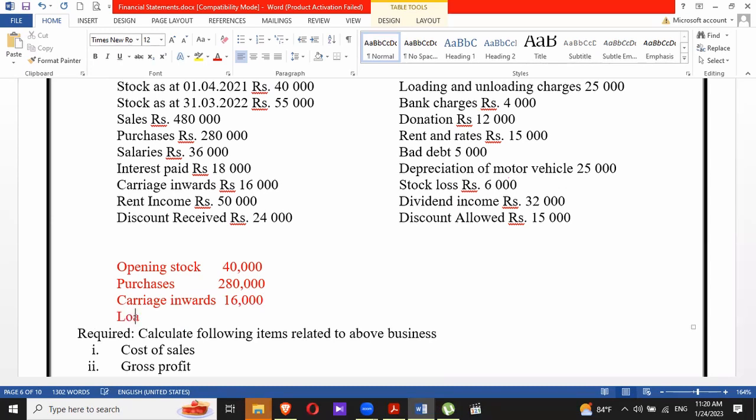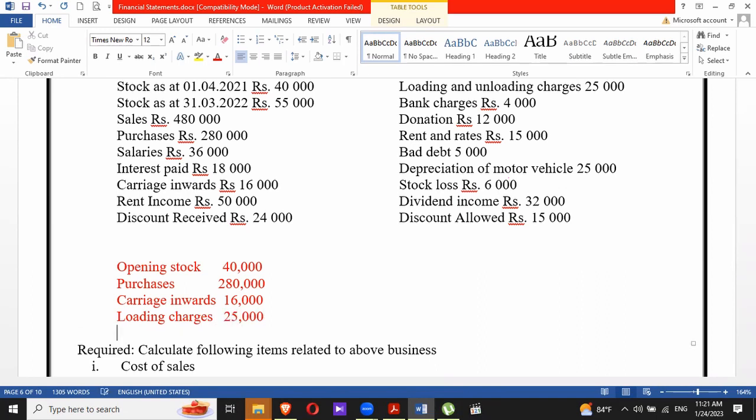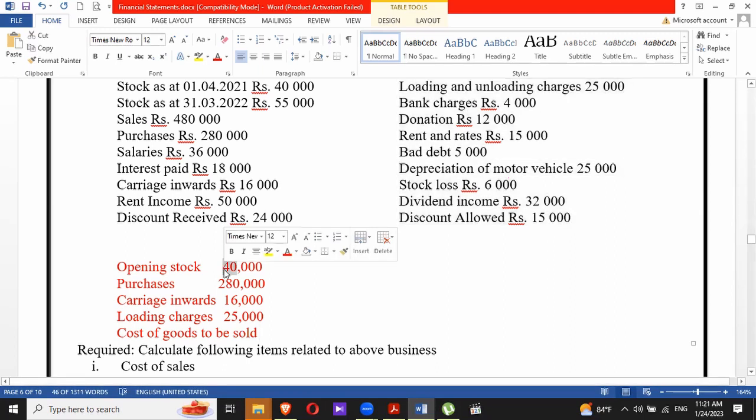Loading and unloading charges, simply we can say loading charges, 25,000. So we can take the answer for the cost of goods to be sold, or otherwise cost of goods presented for sale. Any term we can use.